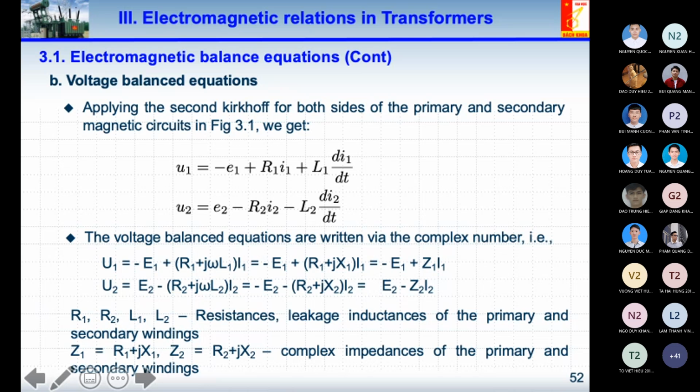Because the applied voltage for both cases is not changed, or we can say it's a constant, we get the magnetomotive force balance equation, which can be defined like this.